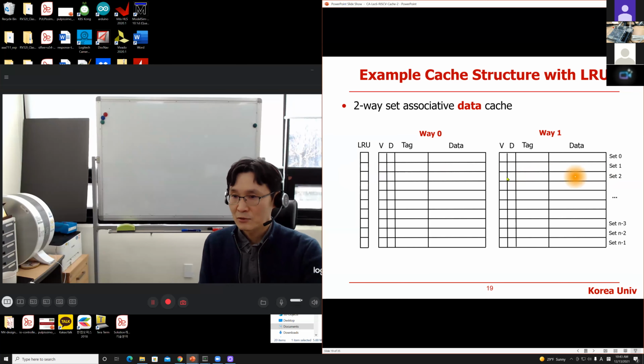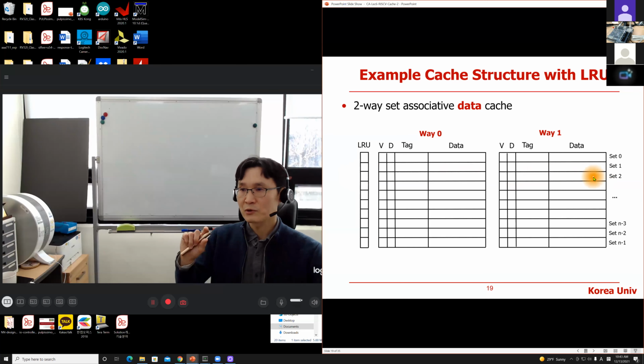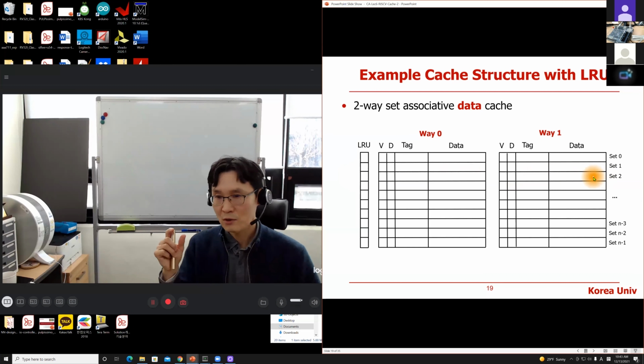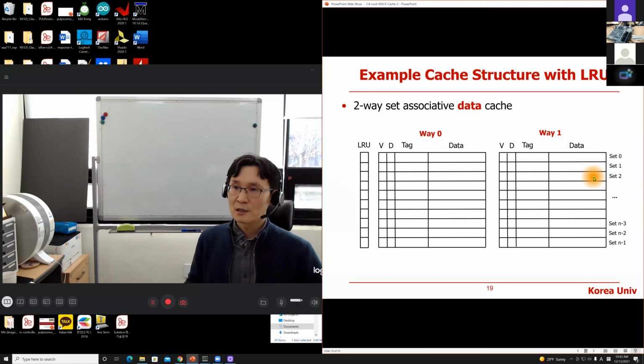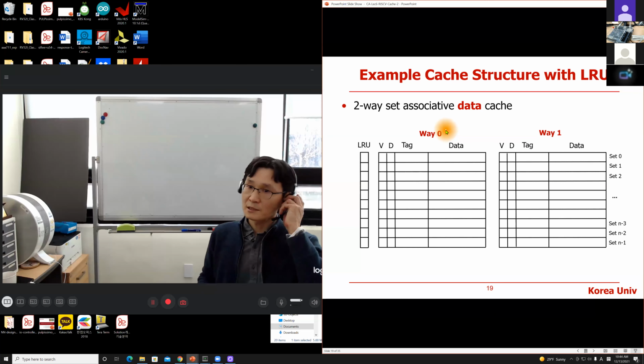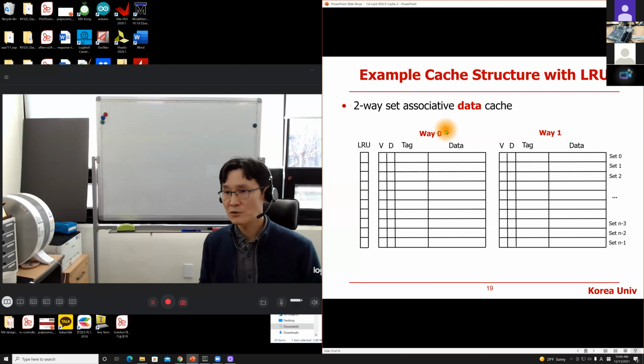Which one do you want to sacrifice? Which one do you want to replace? We're talking about the replacement policy. Probably the LRU cache entry, the least recently used. I think that is an intuitive and natural approach.